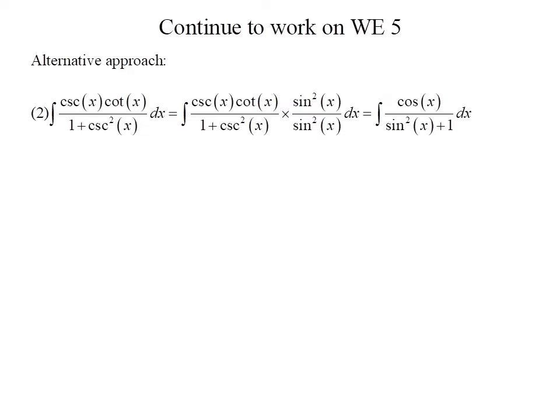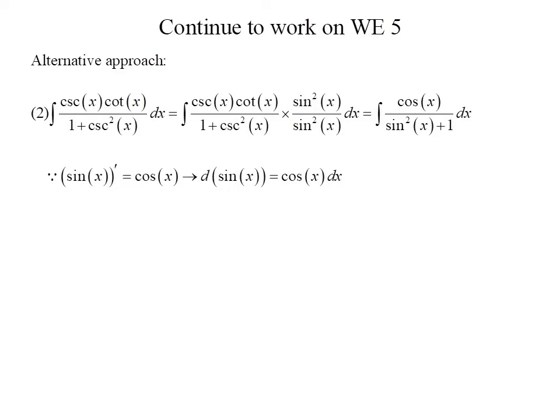Here we continue to work on the second antiderivative of example 5, and we will show you an alternative approach for this question. Since the integrand function can be transformed by multiplying the square of sine x on both numerator and denominator, it becomes cosine x over the sum of square of sine x and 1.